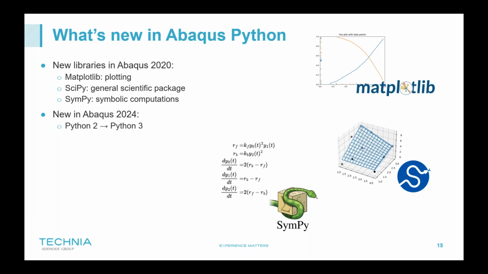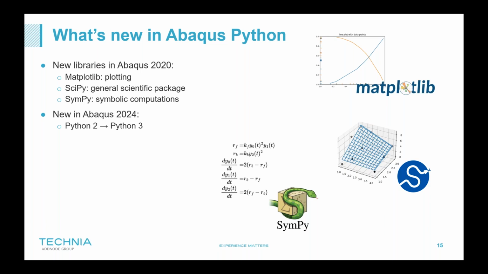Then there's SciPy, which is a general toolkit for scientific applications. It contains modules for, for example, interpolation, optimization, signal processing, Fourier transforms, and so on. And thirdly, in Abaqus 2020, the library SymPy was added, which lets us do symbolic computations in Python.